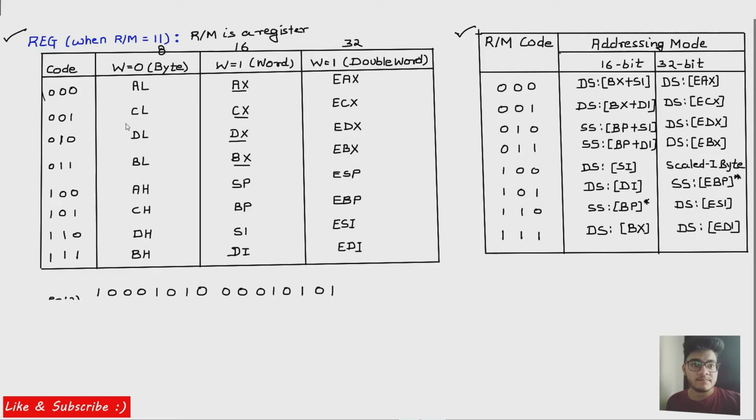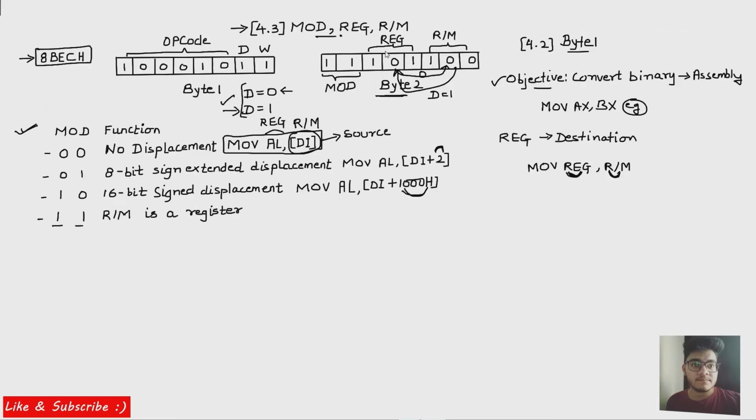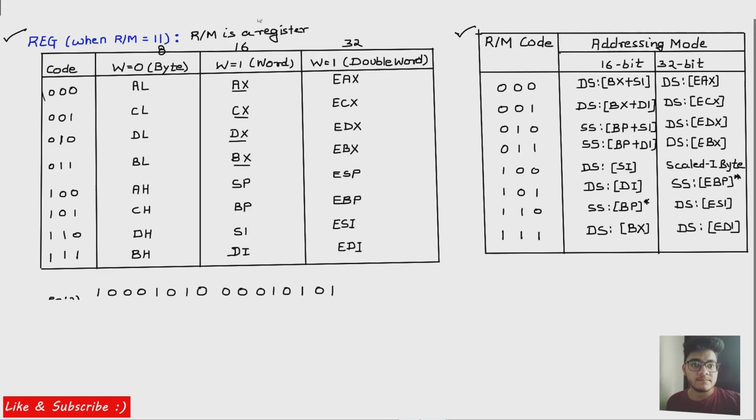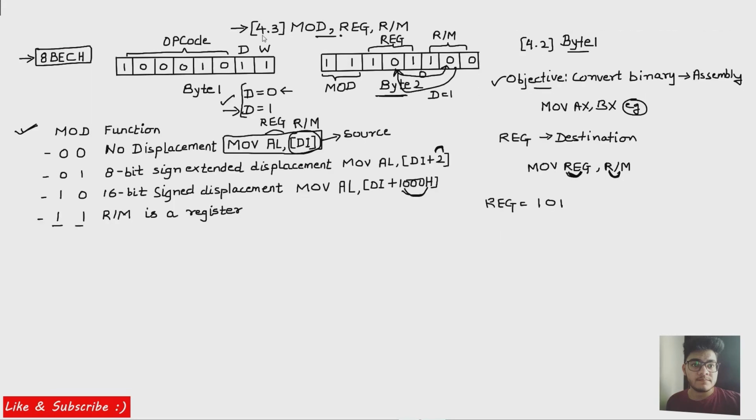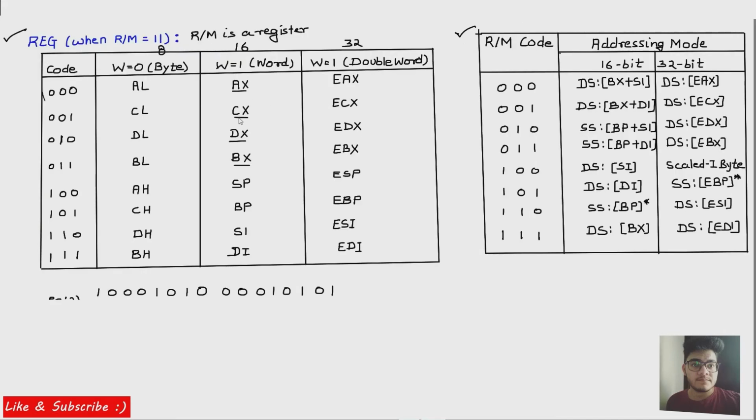So now let's take our example. In our example, you can see reg is equal to 1 0 1, right? So now we will tally it from our table. Now remember, we can only tally if the mod field is 1 1. You can see the mod field is 1 1, which means RM is a register. So now we can tally it from this diagram here.